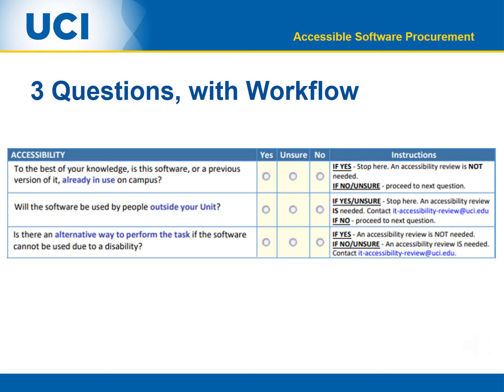For low-risk purchases, like an additional license of software already widely used on campus, think Microsoft Office, Adobe Creative Cloud, etc., you'll answer the questions and not have to do anything else. But if the software will be used by people outside your unit, for example, students or the general public, and there's no other way to complete the task than by using the software, that's a much higher risk purchase, and you should ask for a deeper review by our team.